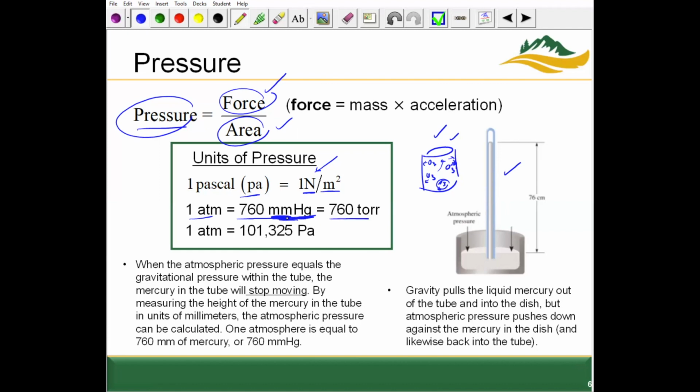So 1 millimeter of mercury from this conversion factor must be equal to 1 torr. 1 atmosphere is also equal to 101,325 pascals. You might also see kilopascals as another common unit of pressure.